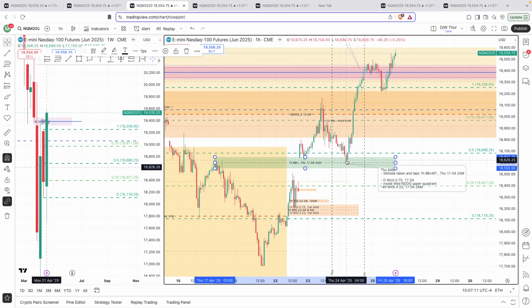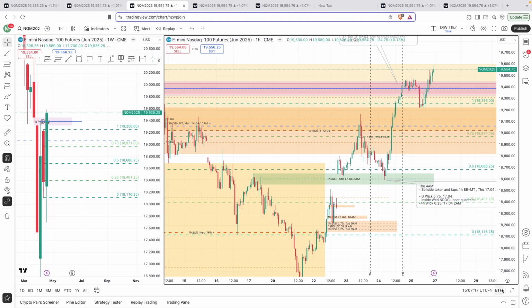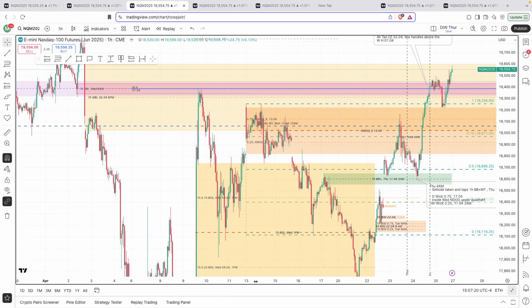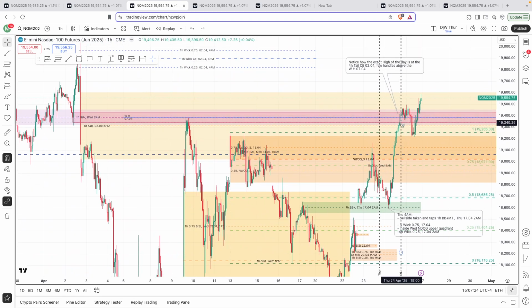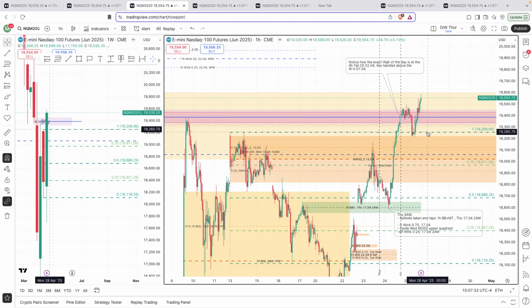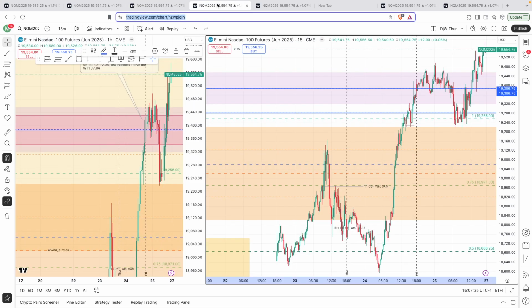So this is actually the nicest setup of the week. And then it goes up, all the way into this old bullish bearish breaker. And here it goes above it and comes one more time down on Friday at the high of the previous week. So this was the move on the 1-hour.